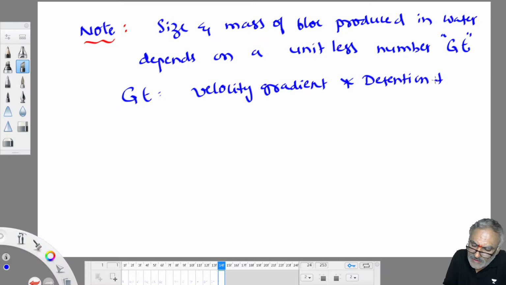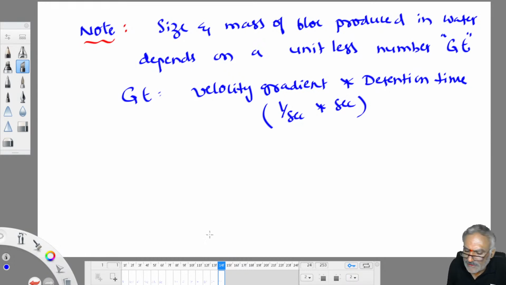Velocity gradient into detention time. Velocity gradient unit is 1 by second into seconds. So you will get a dimensionless number only. Detention time also substitute in second, they cancel out. So therefore unitless number we will get.